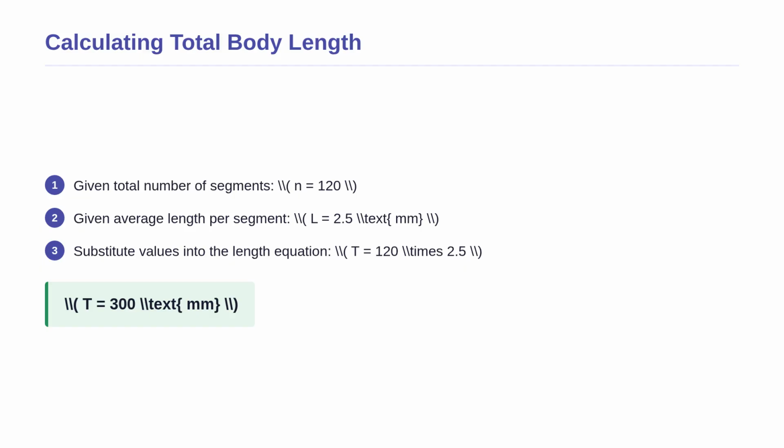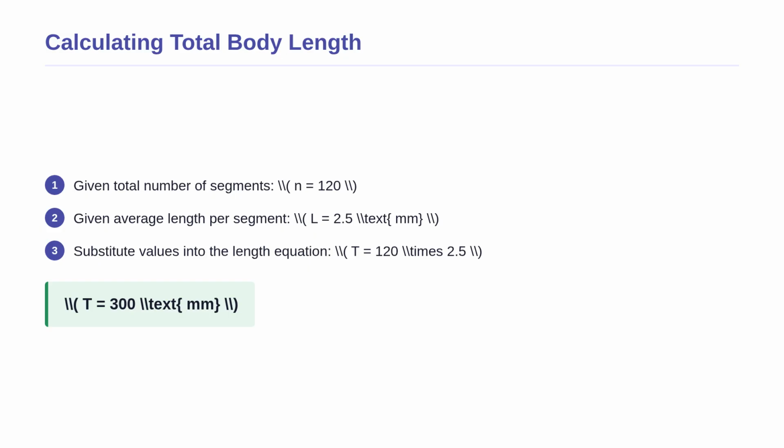Let us see how a marine biologist might use this length formula in the field. Suppose a biologist discovers a fragmented polychaete worm. They count exactly 120 identical segments. Microscopic measurements show each segment has an average length of 2.5 millimeters. We want to find the total estimated body length.